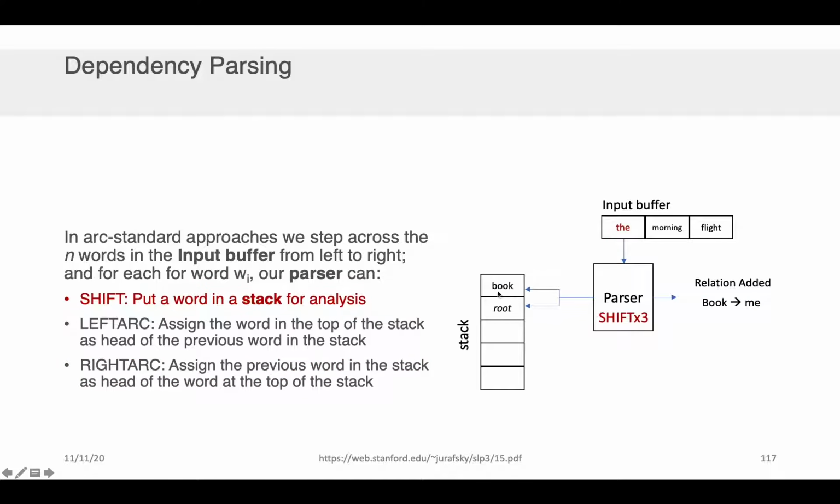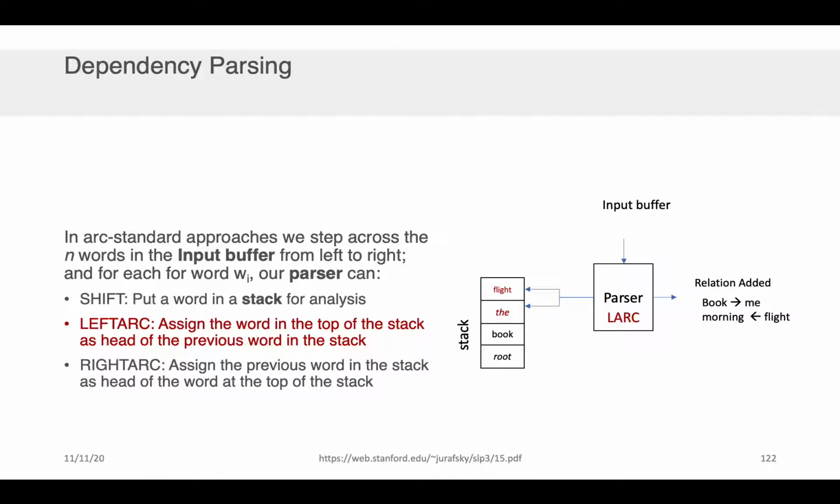Okay, so it adds that relationship. It pops the word me from the stack because that was what was being pointed to, and it then continues on with its operations. And the next operation we might do, for instance, is shift onto the stack. So we might start adding more words onto here, and then we would perhaps do more relationship assigning. So we might say here that there's a left arc relationship that exists here.